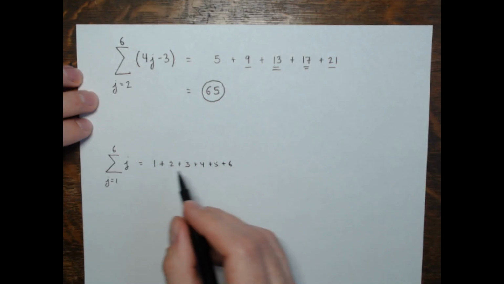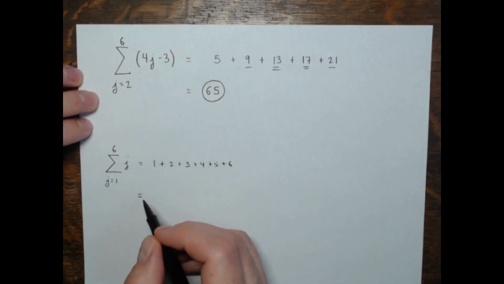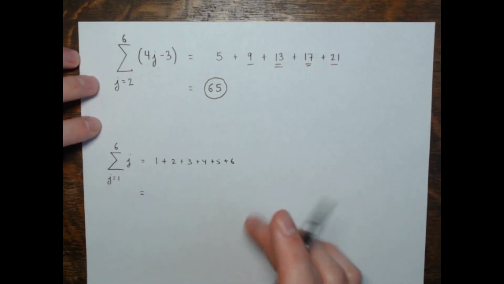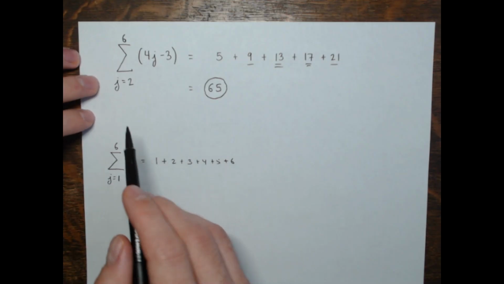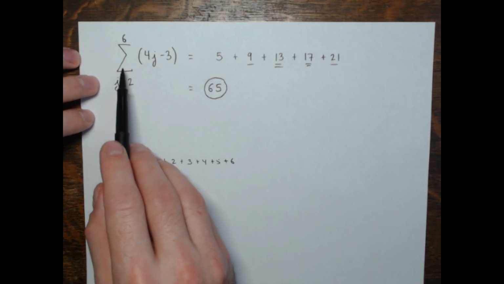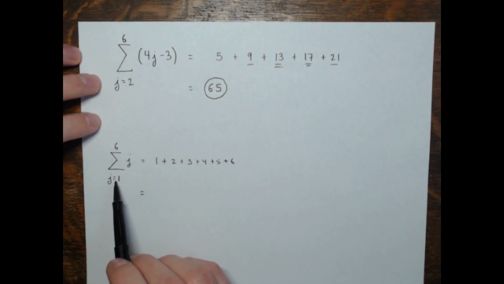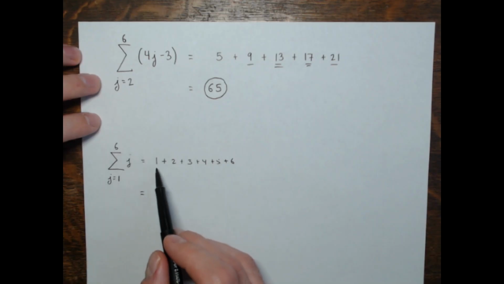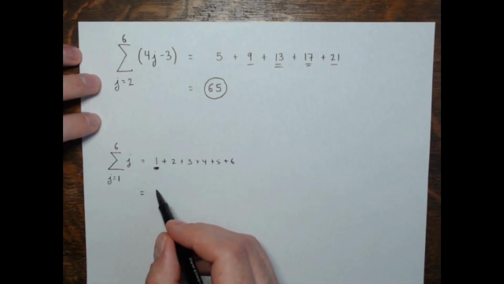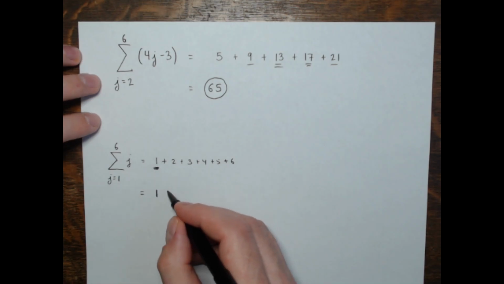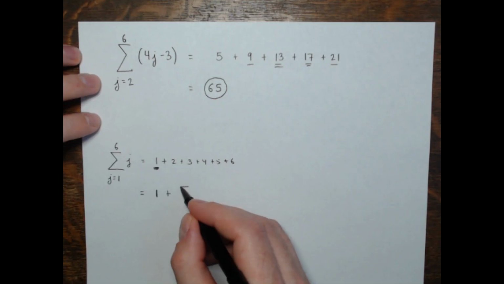So one of those properties I mentioned earlier is that you can split a sum up. If I want to have the sum from j equals 2 to 6 show up, well, I take my sum from j equals 1 to 6 and then just take off the term, there's the term when j equals 1, right? 1, and then plus the rest of it.